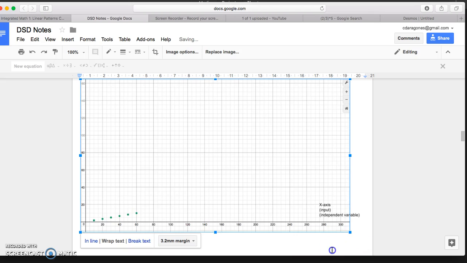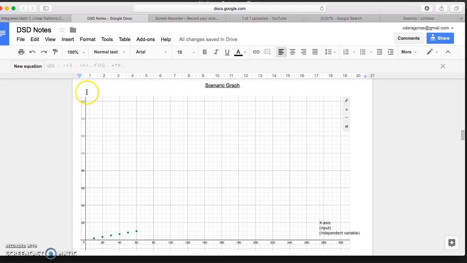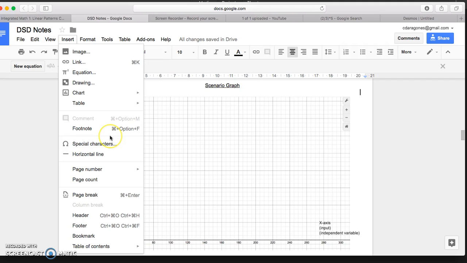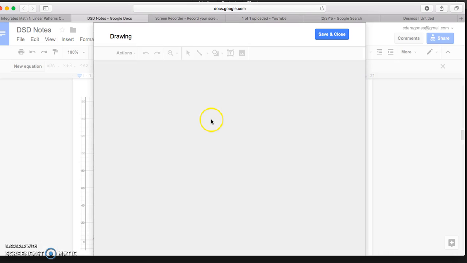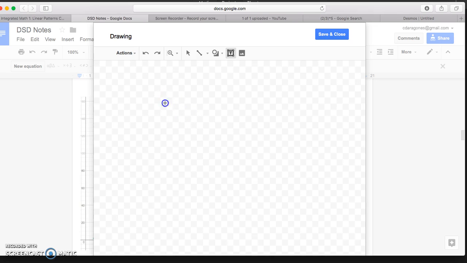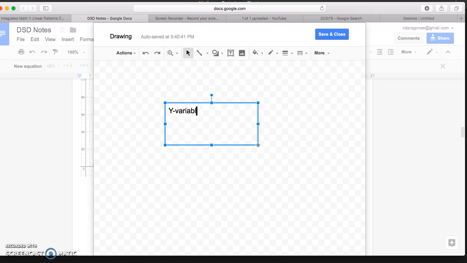Okay, and then my y-axis is, of course, my output and my dependent variable, right? The number of minutes of exercise I do depends on the number of minutes of TV I watch. This is my y variable, this is my output, or my dependent variable.